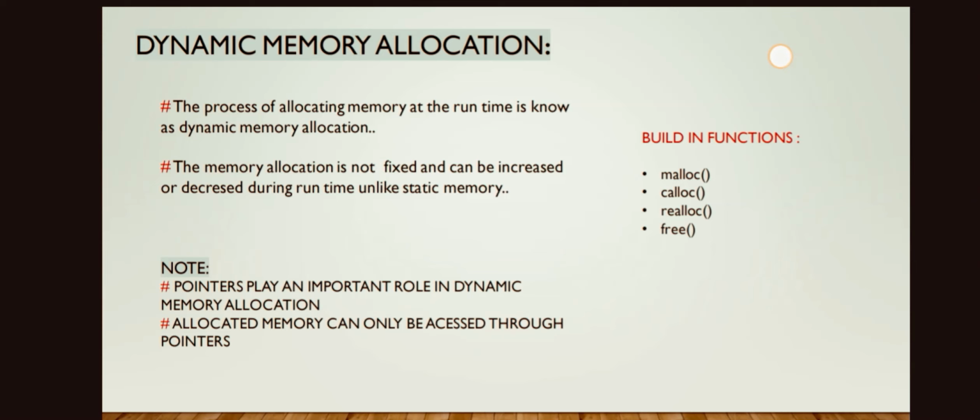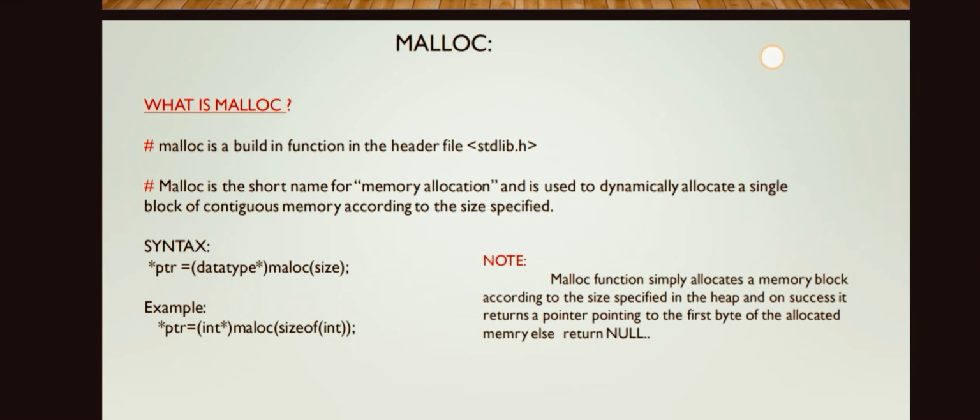Now let's see what malloc is and what its function is. Malloc is a built-in function in the header file stdlib.h. Not only malloc, but the other three functions, calloc, realloc, and free, also come under the header file stdlib.h.